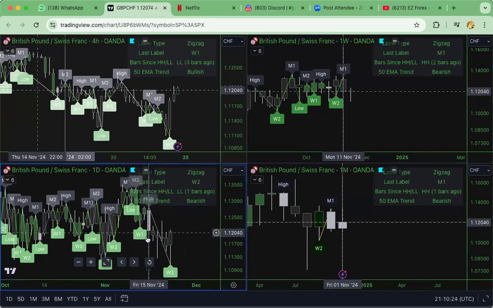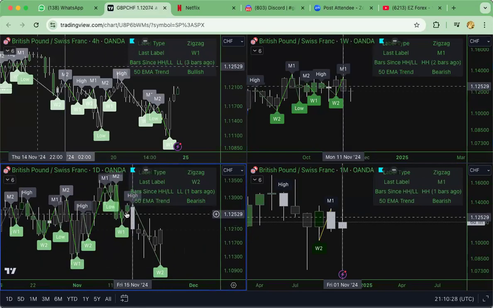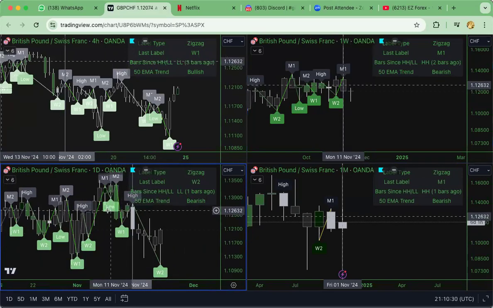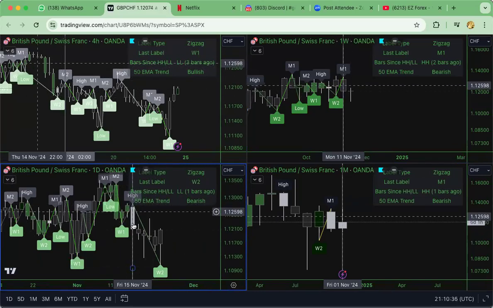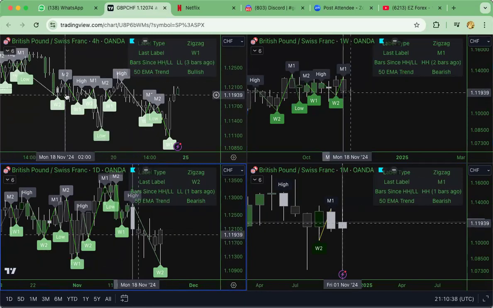Now let's go over to the daily chart. And when was the high that happened here? Monday the 11th. Boom. And the next high happened here on Friday the 15th. And then on the 4-hour chart, boom, here we go.